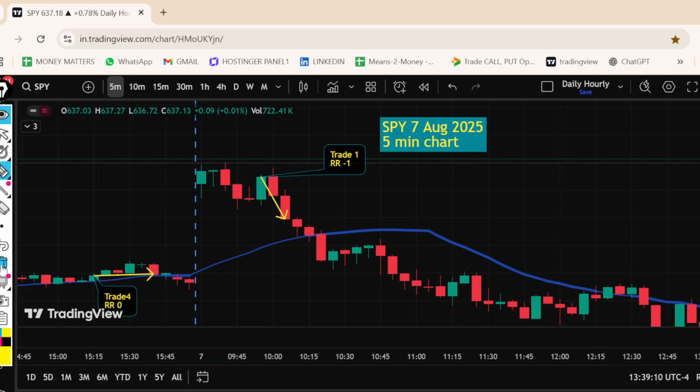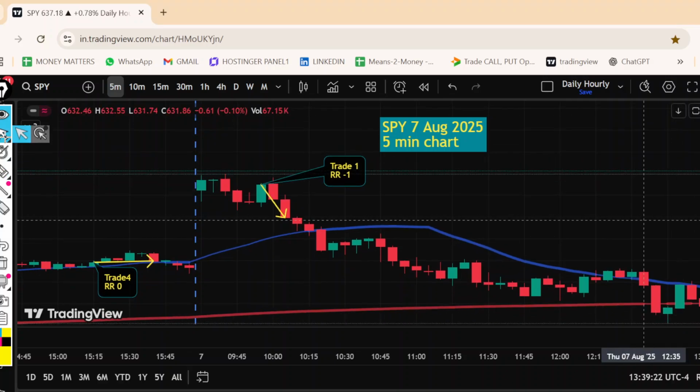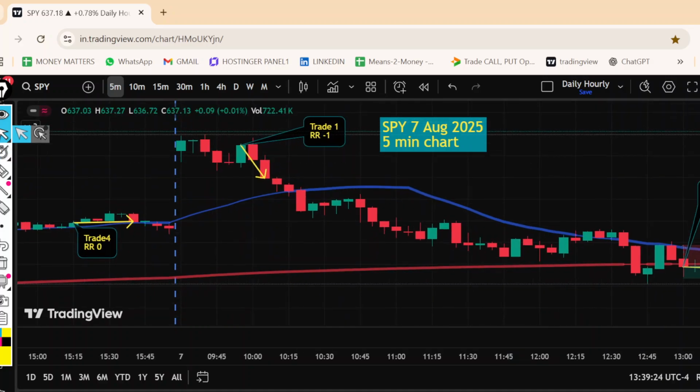Then the second thing is, now we need to wait for a solid green candle above both the moving averages if we want to take the bullish side. But if you see, the market has been going down continuously, and it closes below the 20-day moving average.